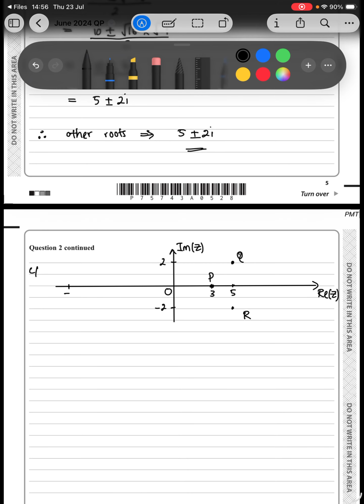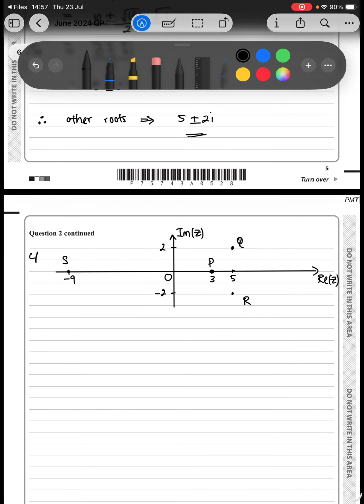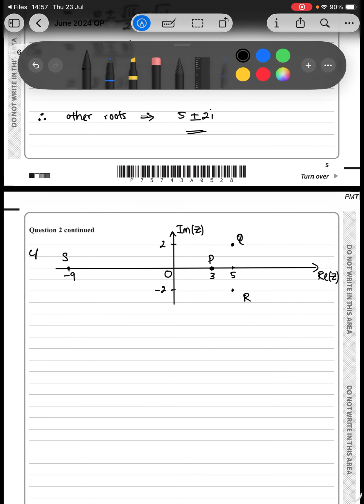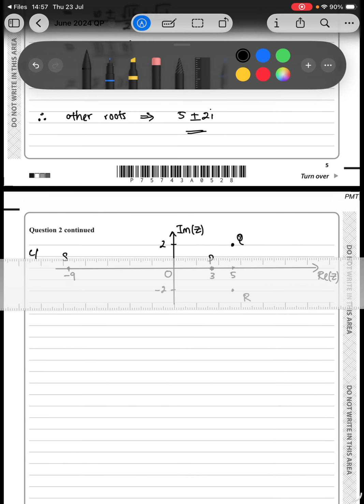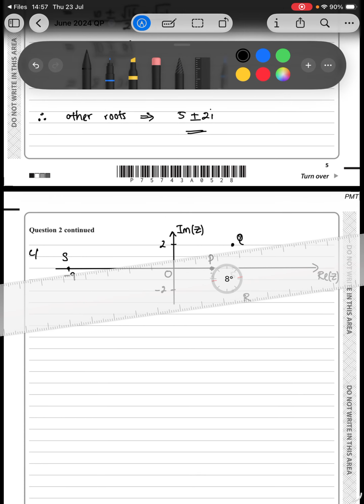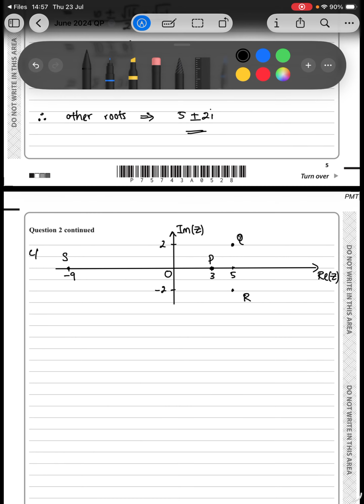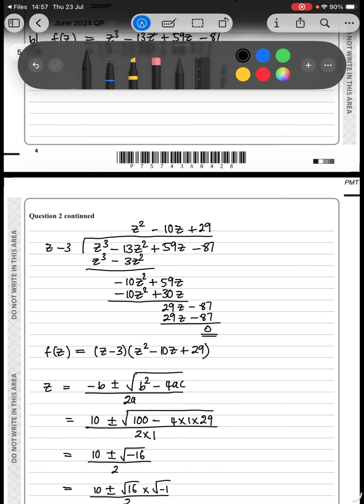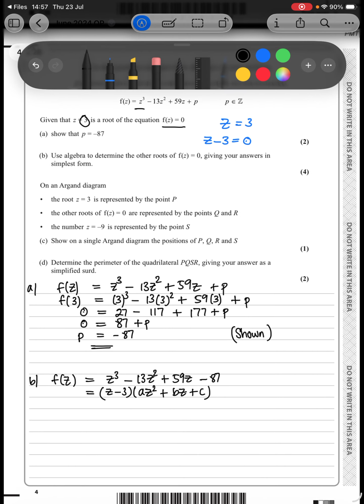So this is minus 9 and this is represented by S. So these are the points represented on the Argand diagram, so that's the answer to part C.